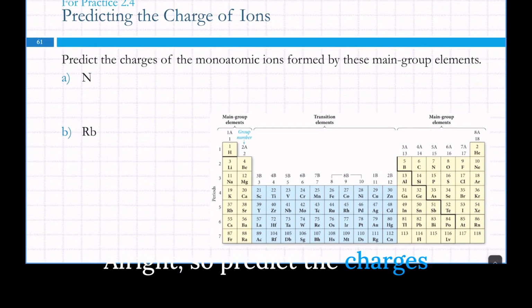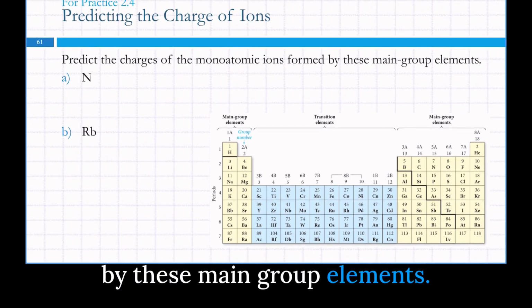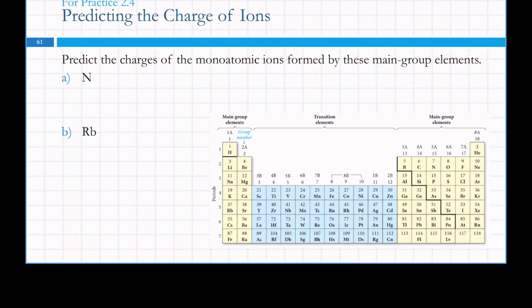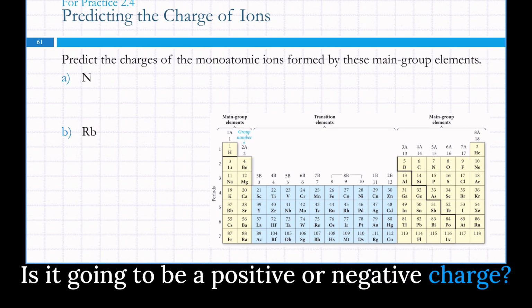All right, so predict the charges of the monoatomic ions formed by these main group elements. So nitrogen. Is nitrogen going to be, I know some of you know it, you're just not saying it, is it going to be positive or negative charge?